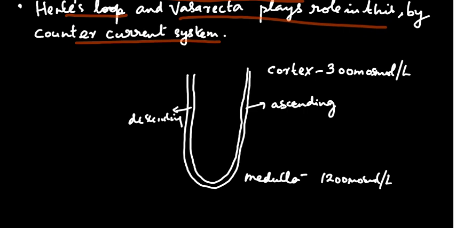The vasa recta, this would be the descending limb, and when it goes upwards, it will be the ascending limb.